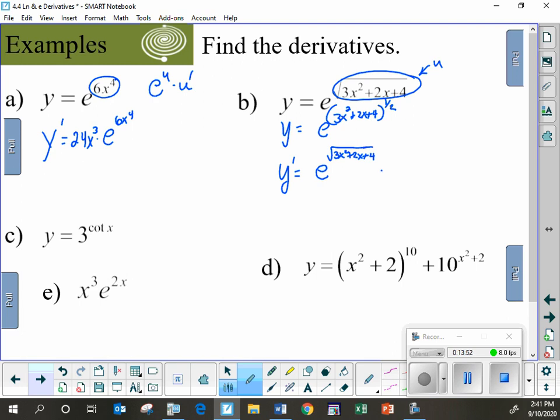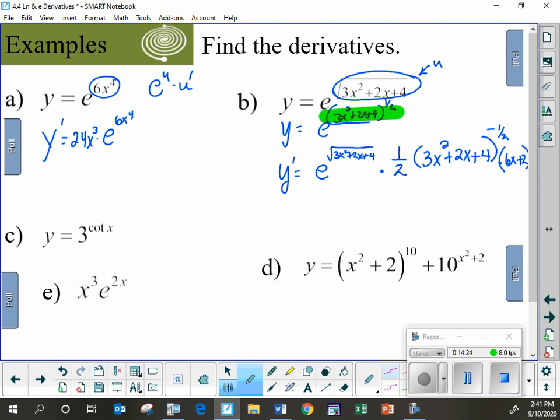And then I've got to chain off, and now I need the derivative of just this. That's not too bad to take. The 1/2 comes down. I get the polynomial raised to the negative 1/2. Oh, then we got to step inside. Don't forget the extra chain rule here. Step inside, and we'd have 6x plus 2.